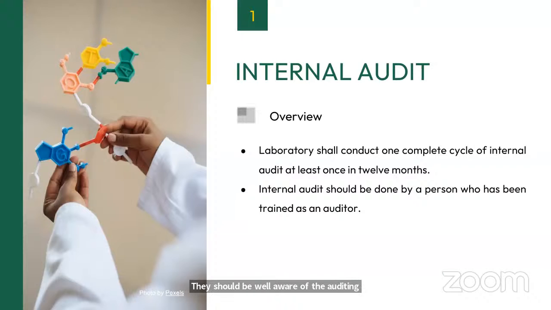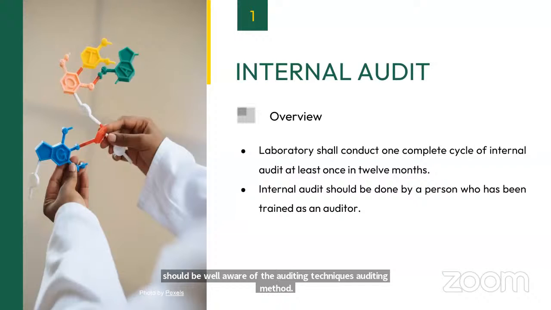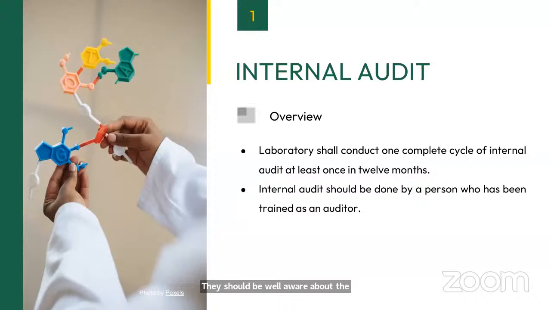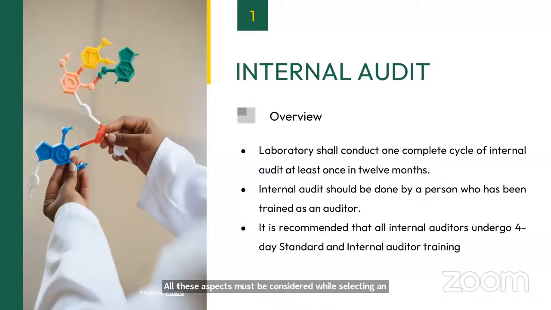They should be well aware of the guidelines, protocols, routine workflow of the laboratory. They should have competence and technical knowledge. Apart from that, they should be authorized to perform the internal audit of the laboratory. So all these aspects must be considered while selecting an internal auditor of a laboratory.